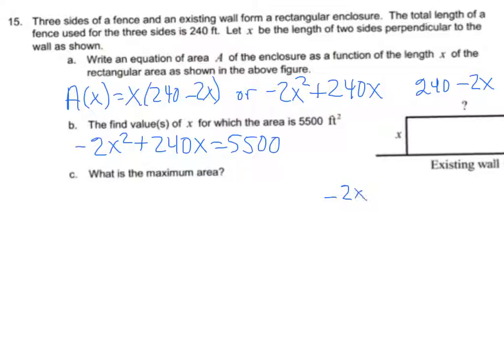Negative 2x squared plus 240x minus 5,500, and then set that equal to 0, and use the quadratic formula. You have an a value, a b value, a c value. Using the quadratic formula, you will get two values of x for which this is true.